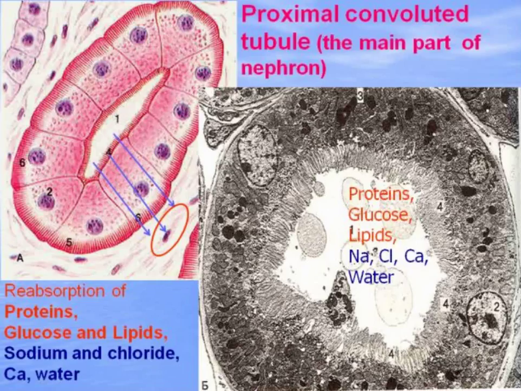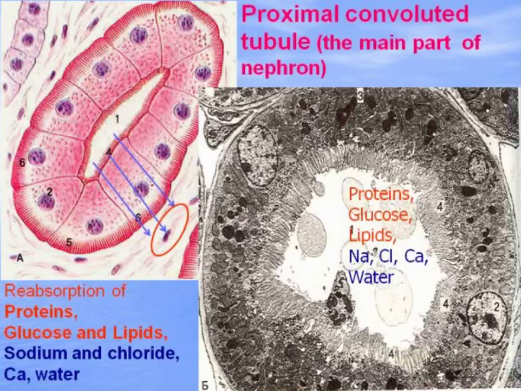It starts in the proximal convoluted tubule, called the main part of the nephron, because in this part of the renal tubule the proteins, glucose and lipids, as well as sodium and chloride ions, calcium ions and water are absorbed from the lumen, from the primary urine, to the blood.